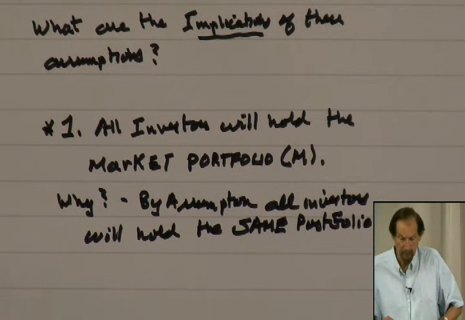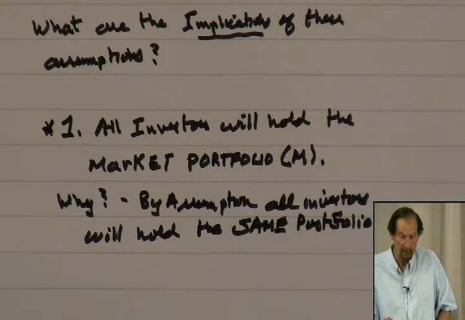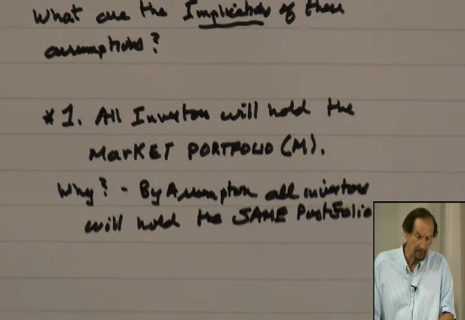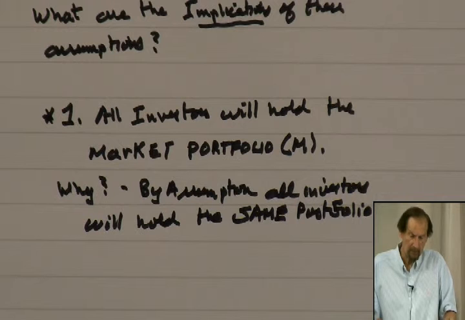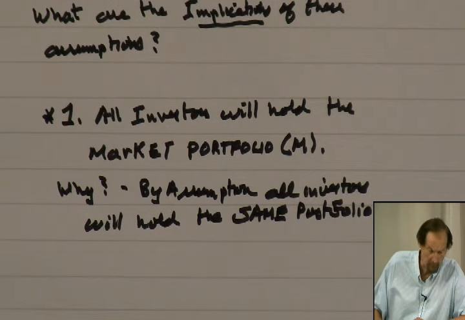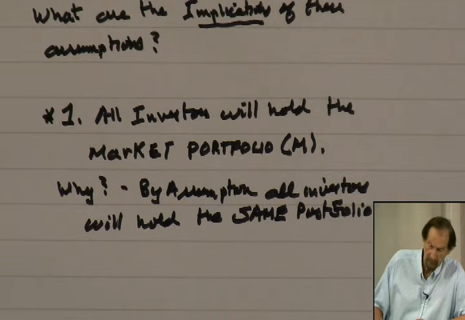They're all mean variance optimizers. They all analyze assets in the same way, and they all have access to unlimited data. So they'll all hold the same portfolio. There's no reason why any one of them would hold a different portfolio.